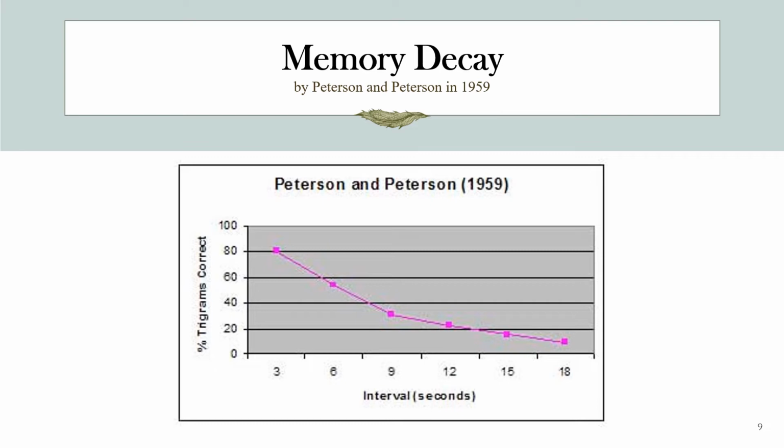During the experiment, a list of trigrams, which are meaningless lists of three letters, were given to participants to remember. Participants were asked to count down from a certain number and record the trigrams at various intervals. The trigrams were originally remembered by the participants, but after 18 seconds, recall accuracy dropped to barely 10%.